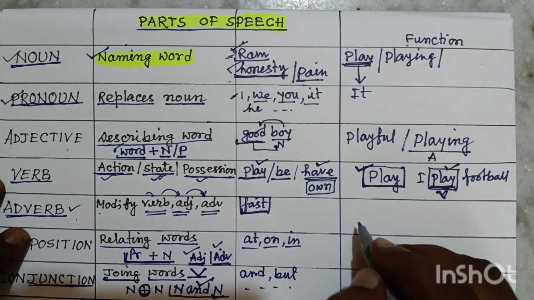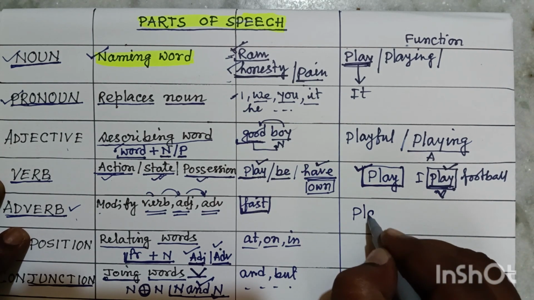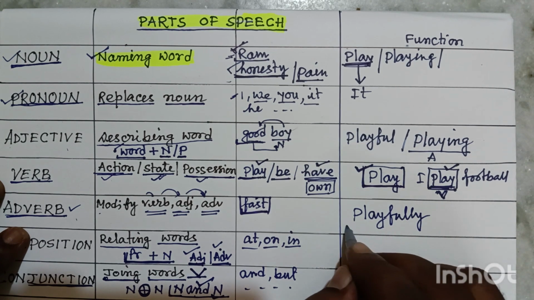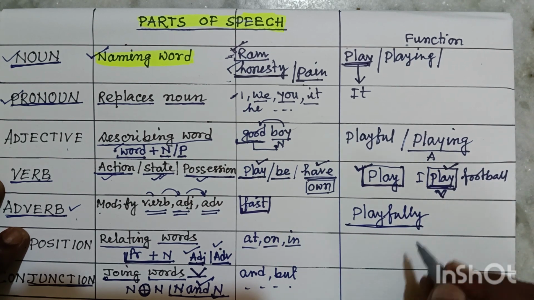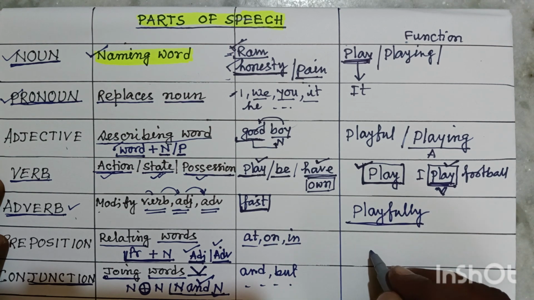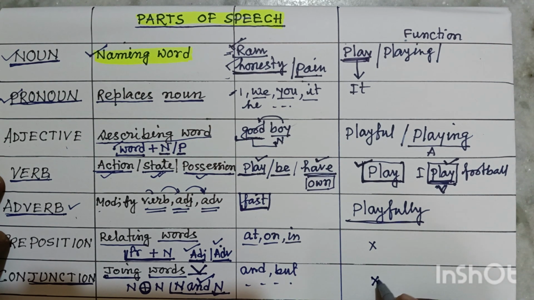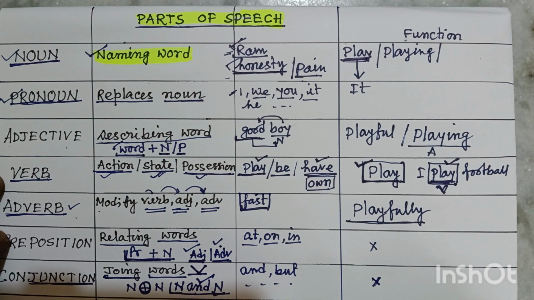And my dear friends, if you write down playfully, it may be called an adverb, and it cannot be used as a preposition, it cannot be used as a conjunction, and it cannot be an interjection.